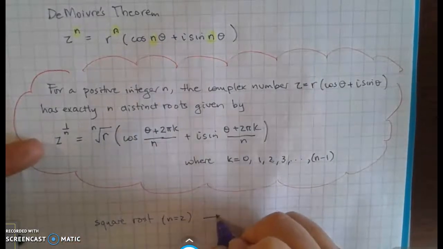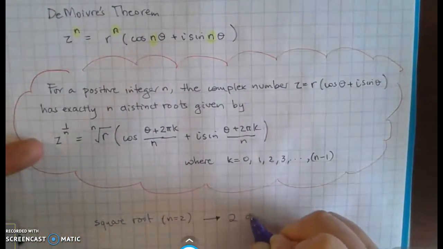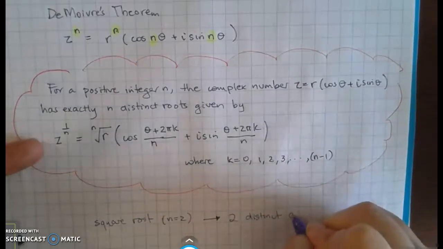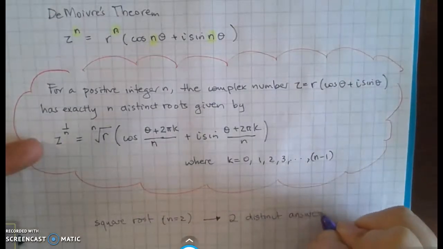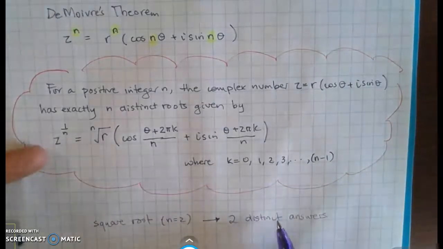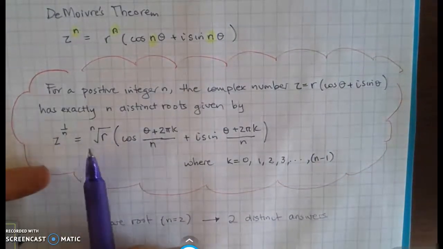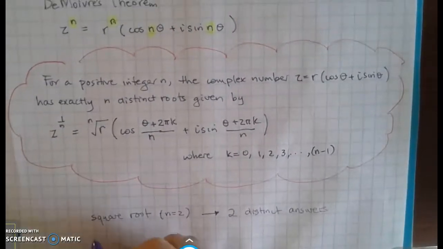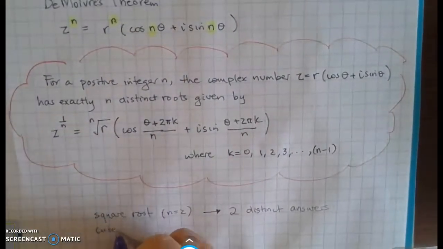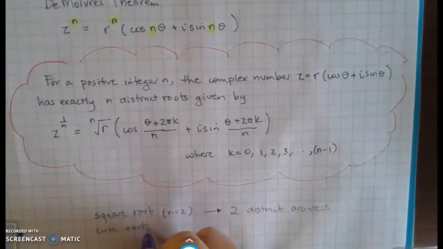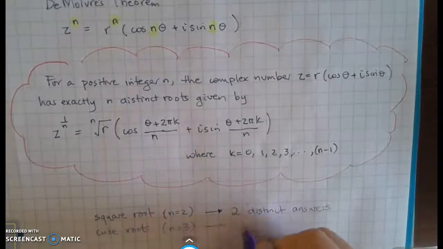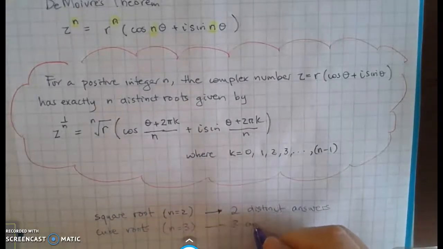That means we're going to end up with 2 distinct roots or answers. That means 2 distinct solutions that satisfy the equation. Or if I am taking cube roots, then n in this case is 3. That means we're going to have 3 answers.